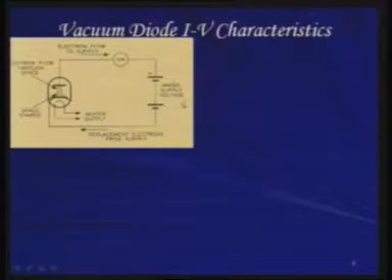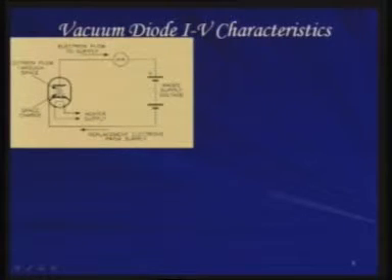Initially, if you don't have any voltage here, then what will happen? If this filament is heated, it will start heating this cathode plate, and it will start emitting electrons. However, they will not reach this point because there is no strong attractive force for them if we don't put any voltage there.